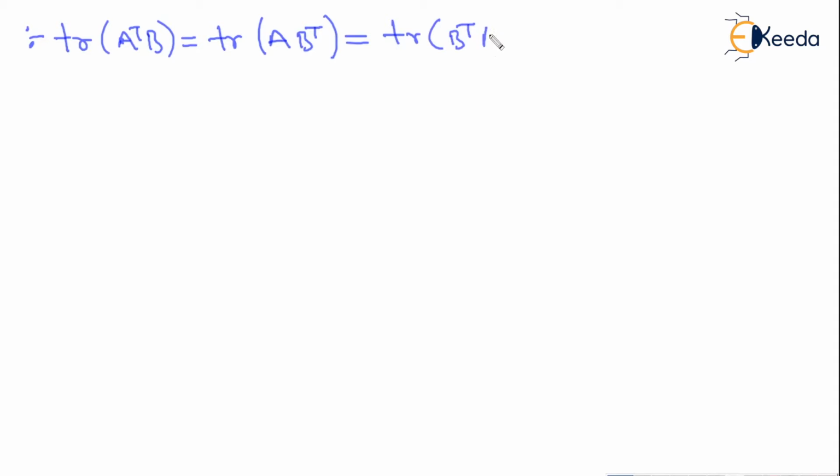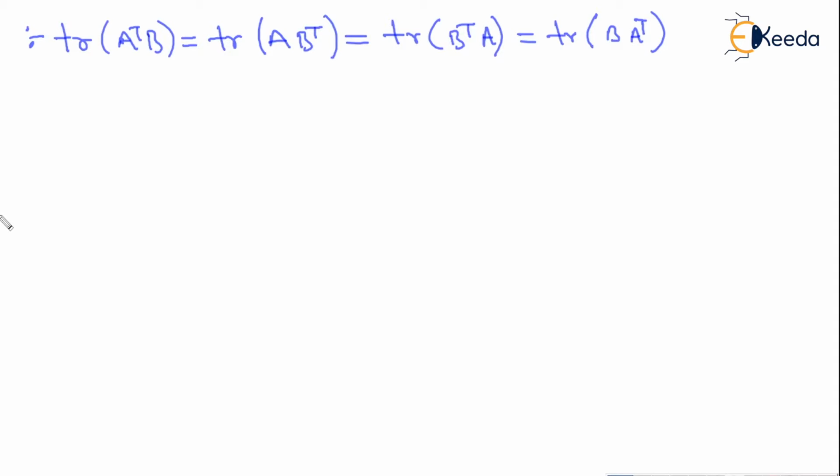Next, whether you are finding trace of A transpose B or trace of A B transpose or trace of B transpose A or trace of B A transpose, these are all going to be the same.